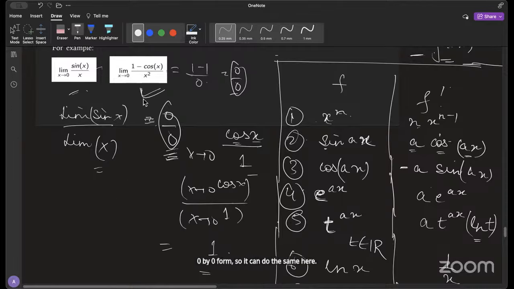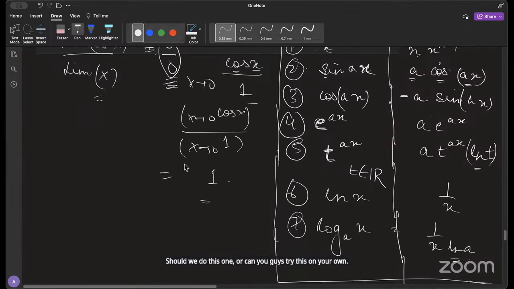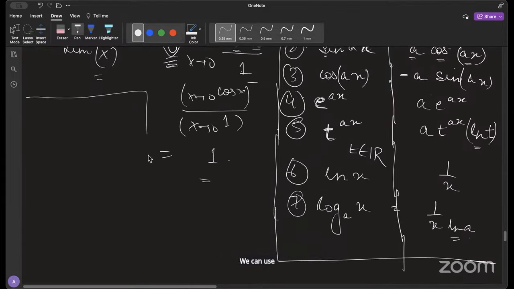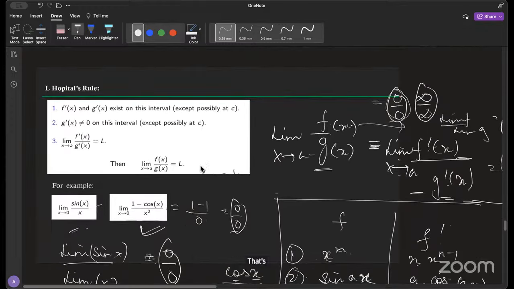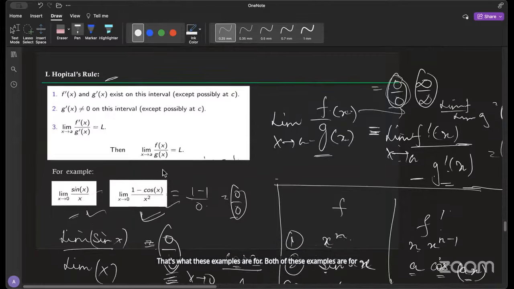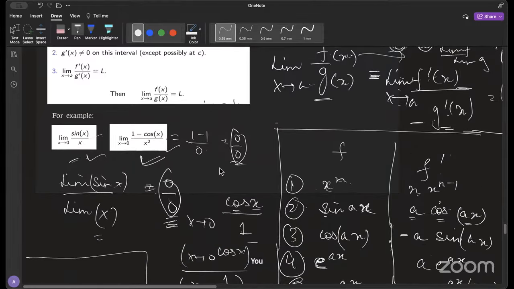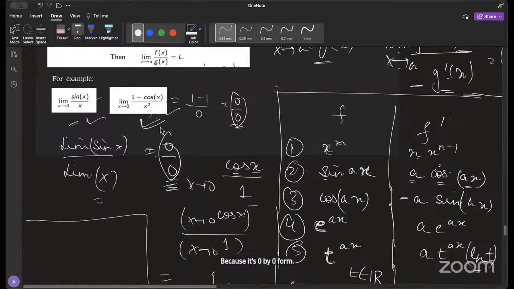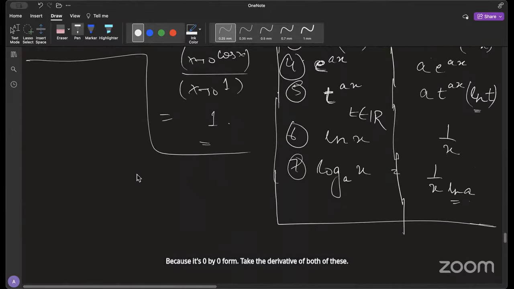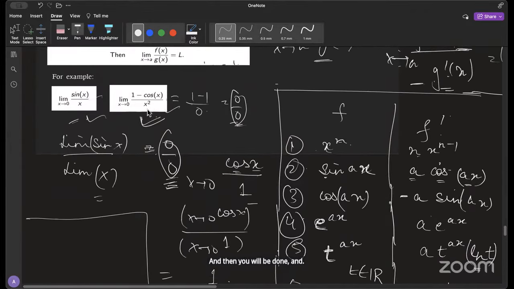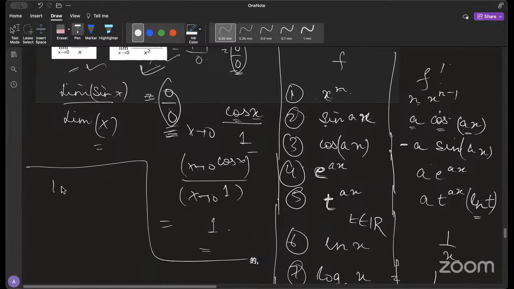Should we do this one or can you guys try this on your own? We can use L'Hopital's rule in that, no? That's what these examples are for. Both of these examples are for L'Hopital's rule only. Use L'Hopital's rule because it's 0 by 0 form. Take the derivative of both of these and then you will be done. And by the way, you'll have to apply L'Hopital's rule twice here because it's 1 minus cos x and x squared.